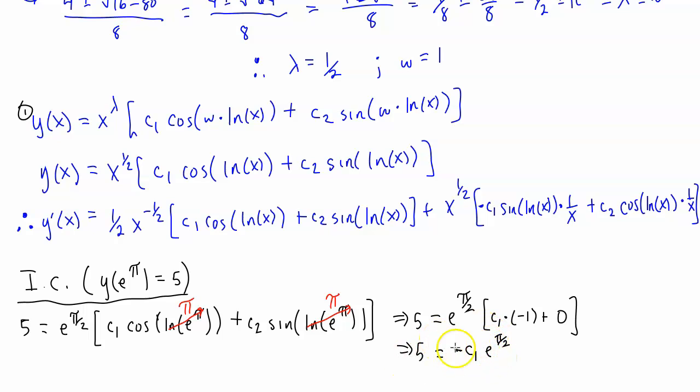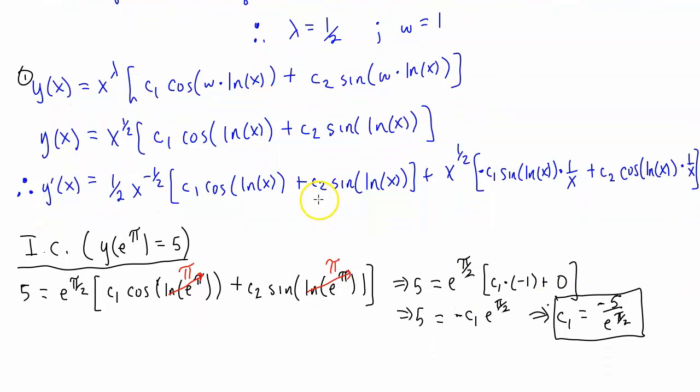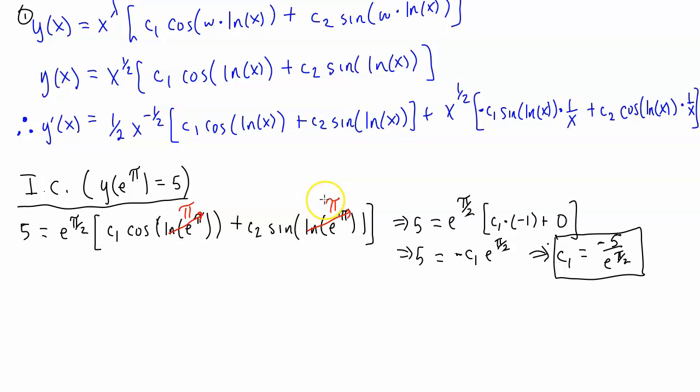And thus, this means that C1 is going to be equal to minus 5 divided by e raised to the pi over 2. And so we'll just leave it in that form for now. So we know what our C1 is. Now we need to find out what our C2 is by applying the second initial condition.